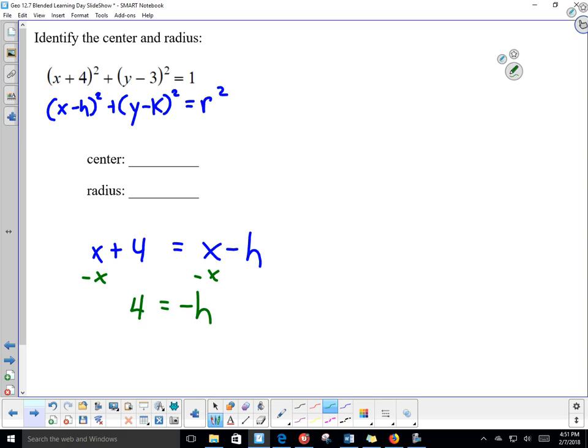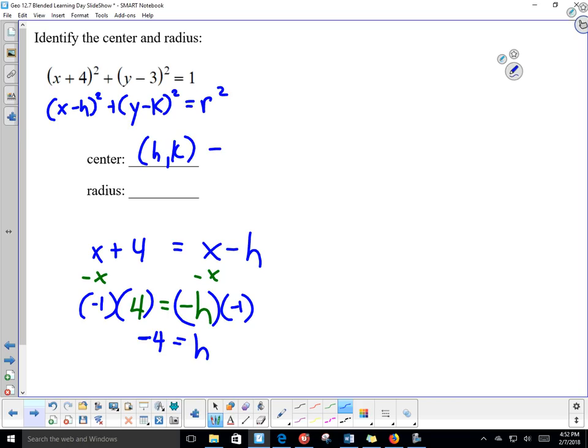But I don't want negative h, I want positive h, so I'm going to just multiply both sides by negative 1, and then I'll see that h is really equal to negative 4. So my center, remember center is (h, k), so far I know that my center is negative 4 comma something.